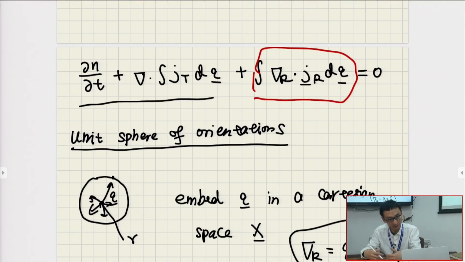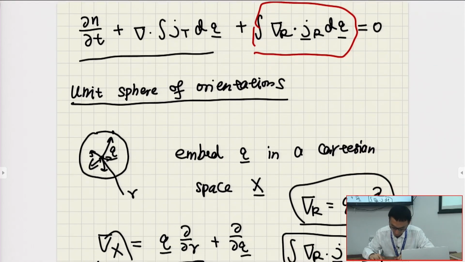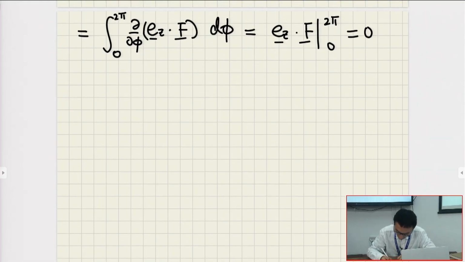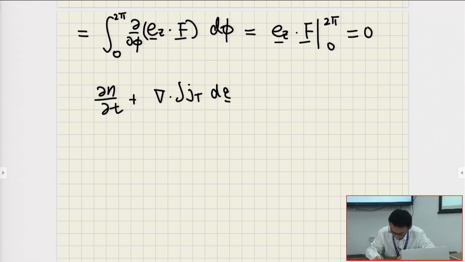We know what the equation for the number density looks like. It doesn't have the rotational part, so that's actually 0. So we're just left with the equation, equal to 0. And then for a sphere, we know what this looks like.